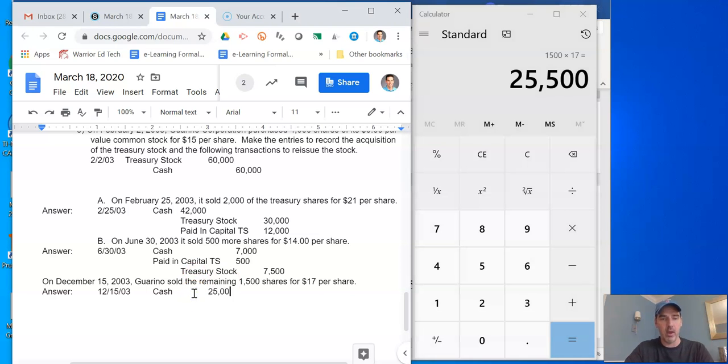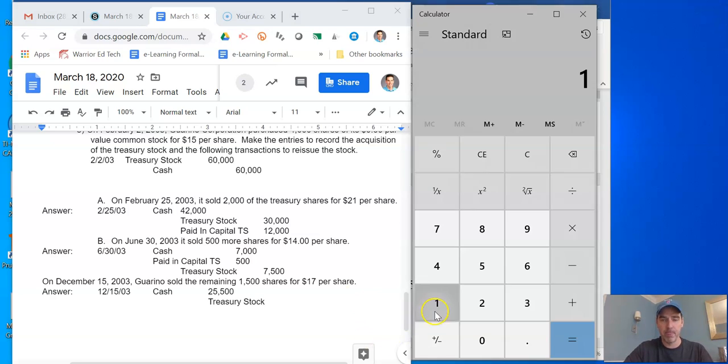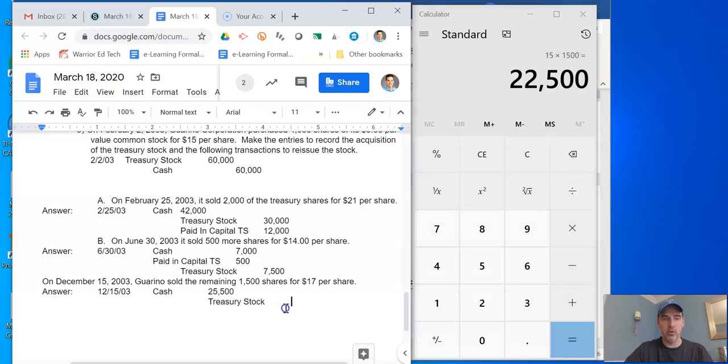And then we have to remember that $15 amount, so that's the reversing entry on treasury stock. We take the $15 that we bought it back at, multiply it by the 1,500 shares, and we get 22.5. And then that dollar difference is going to go back in the paid in capital.